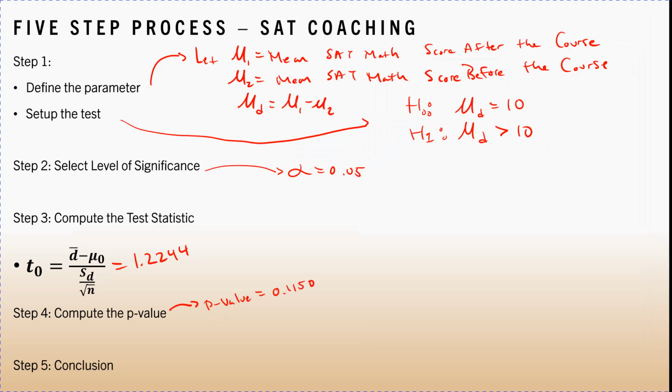And so look, the p-value is greater than the level of significance, so you fail to reject the null. On average, we're not saying you actually score greater than 10. If it is 10, that's fine, but we can't say that on average it's greater than 10 after taking the course.